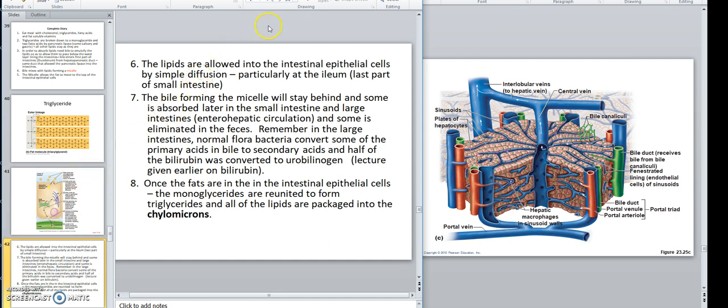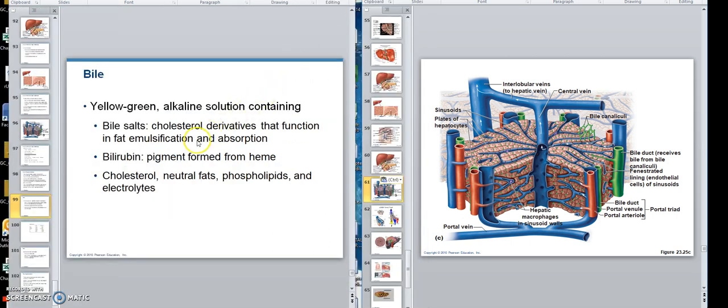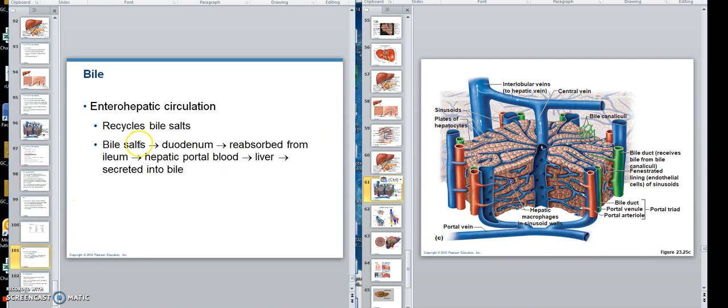Now I'm going to come back here. So we've looked at the composition and what it does. And we're saying that enterohepatic circulation recirculates some of the bile.